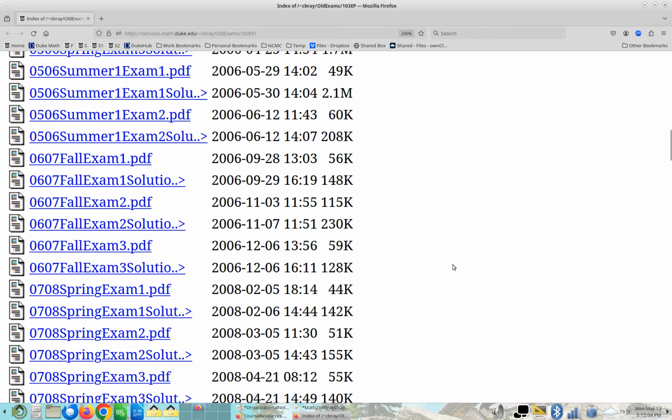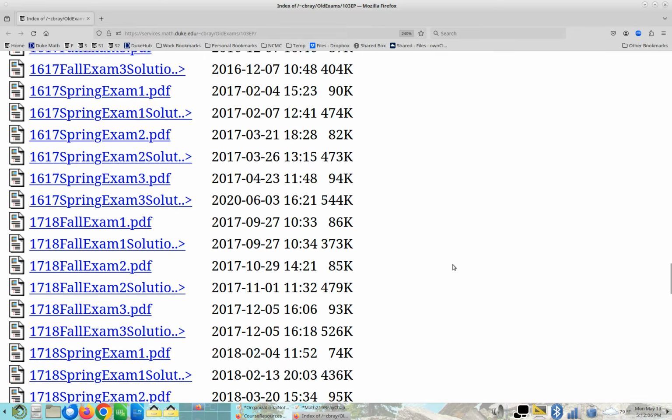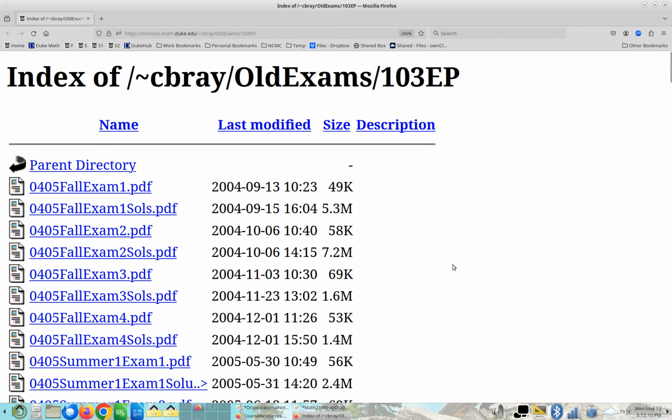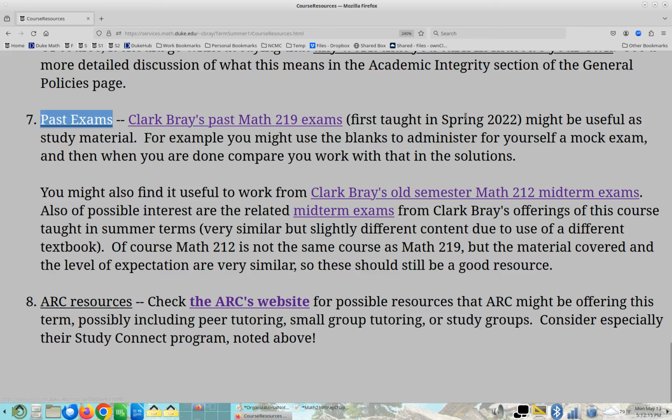So enormous cache of old midterm exams, all of which is relevant to what we're doing in this course here. And again, maybe not exactly the same, and maybe slightly different approaches because of the linear algebra prereq, etc. But still, a lot of useful stuff.